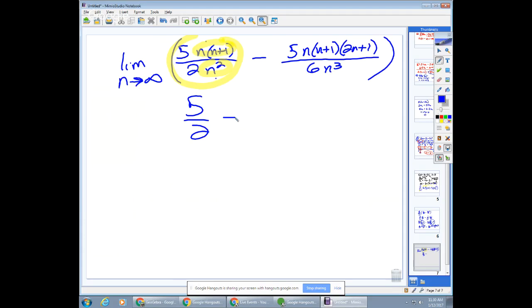Does the next fraction have a finite limit? Yeah, they're the same degree, right? They're both cubics. Leading coefficients are 5/6. We've got a limit. We can clean up that a little bit.